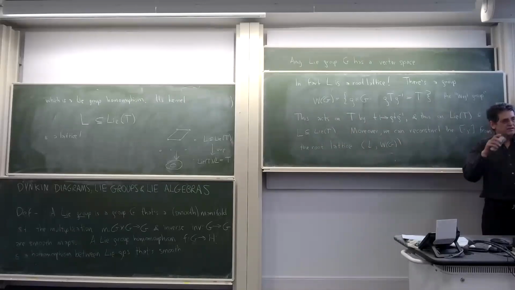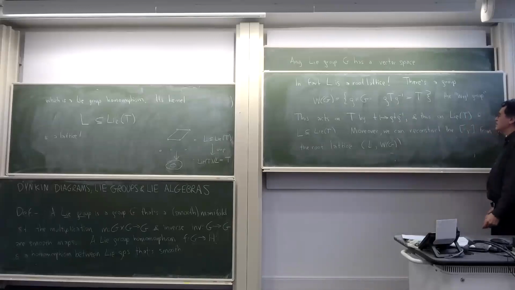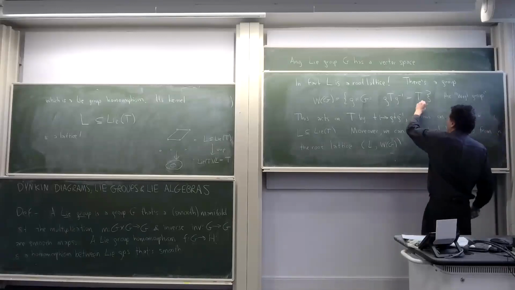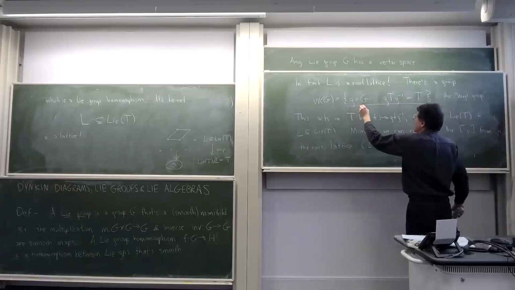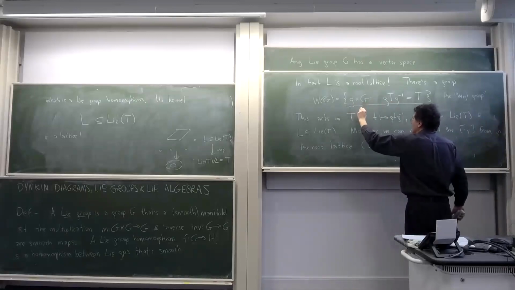See, what you're writing in that second line there is not the Weyl group, it's the normalizer of the torus. For example, it contains the torus. It's the normalizer, absolutely not a finite group. Okay, yes, good. So modulo the centralizer of the torus, modulo the things that act trivially.